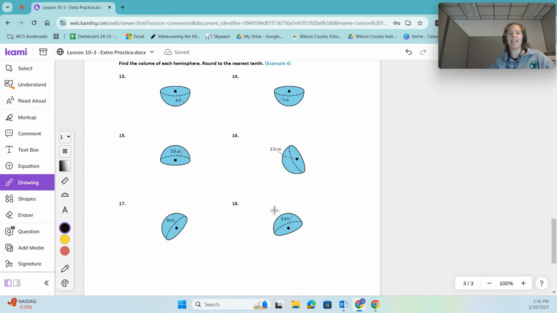Then we have a hemisphere. A hemisphere is just half of the sphere. So once you get to the end, you're cutting your answer in half. That could also look like volume equals 4/3 pi radius cubed divided by 2.